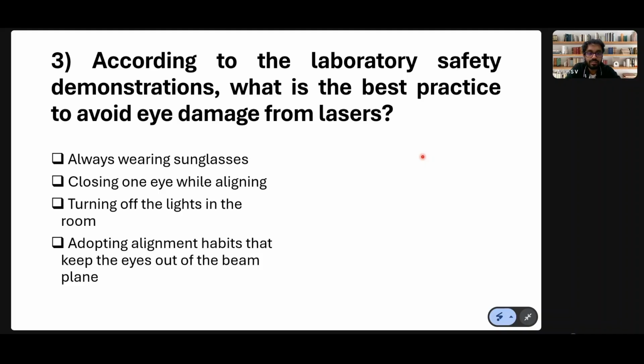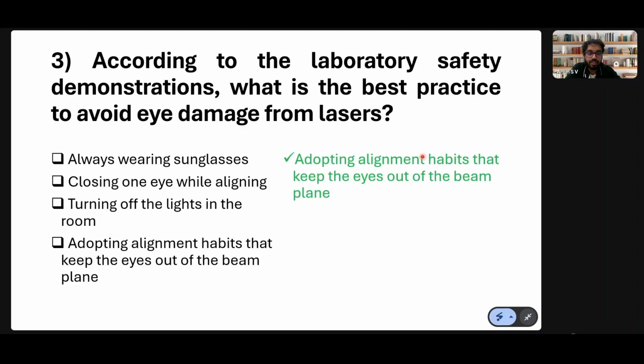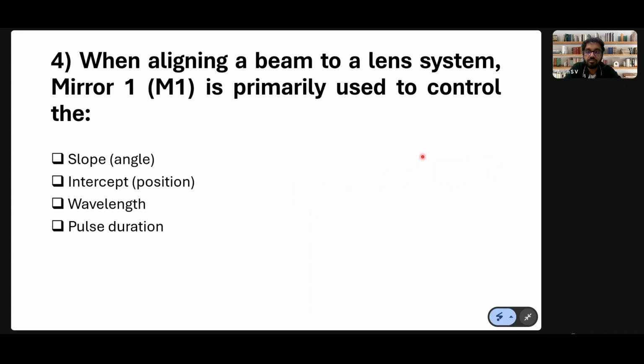So the correct answer here is option D, adopting alignment habits that keep the eyes out of the beam plane. Question number 4: when aligning a beam to a lens system, mirror 1 is primarily used to control what? This is also a pretty straightforward question: the intercept or precision.